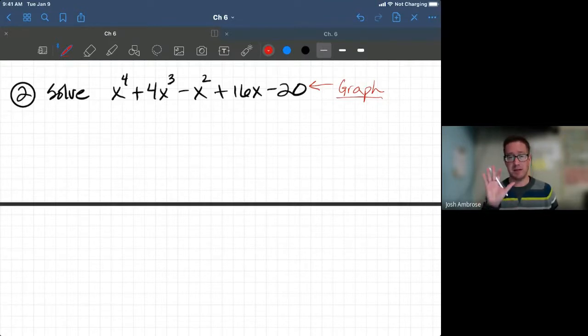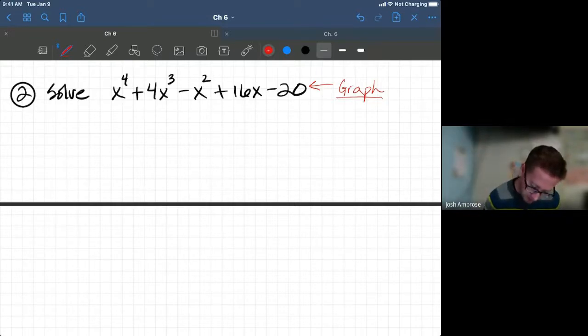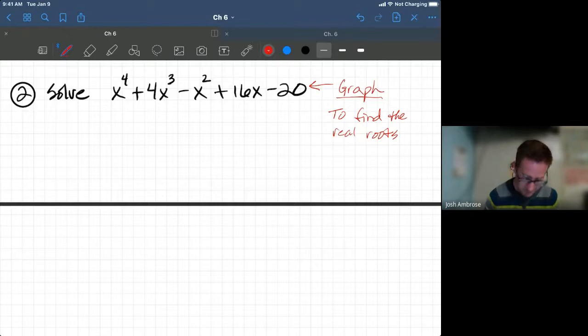So we need to find the real roots that are easy to see crossing the x-axis. So graph it to find the real roots. Go ahead and do that.